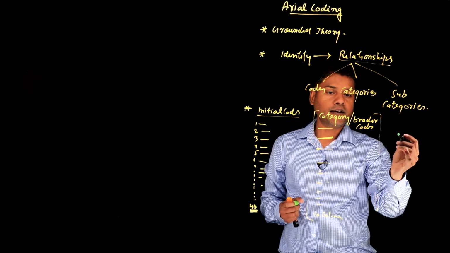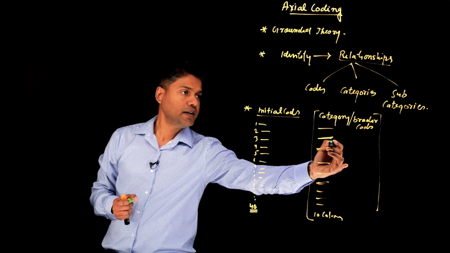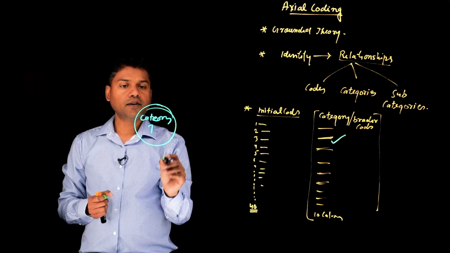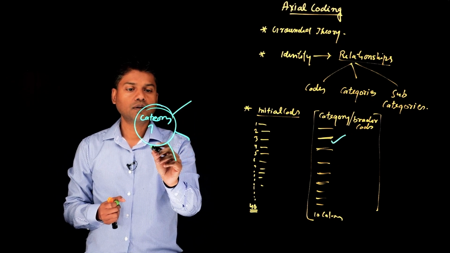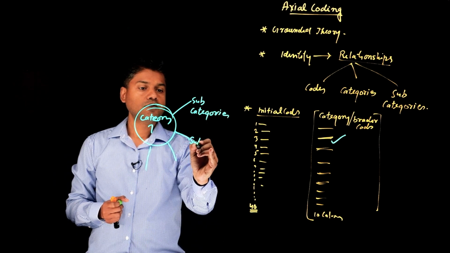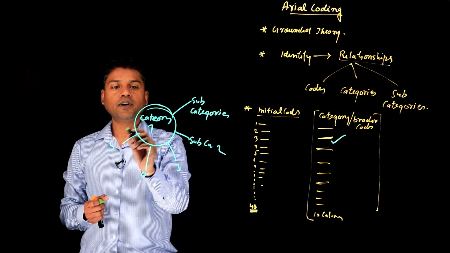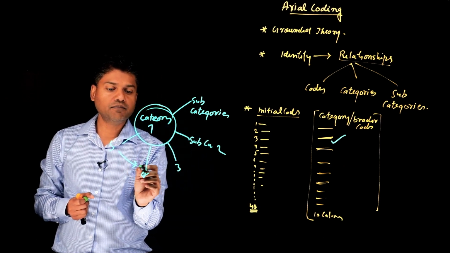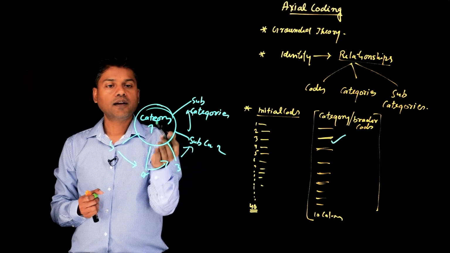So, let's say I take category 1, and then I try to see what might be some possible subcategories: subcategory 2, 3, 4, 5. And then we try to understand the relationship between these various categories and subcategories.